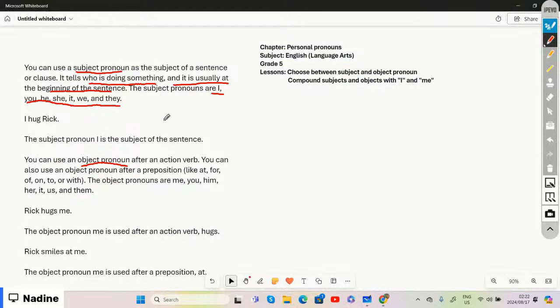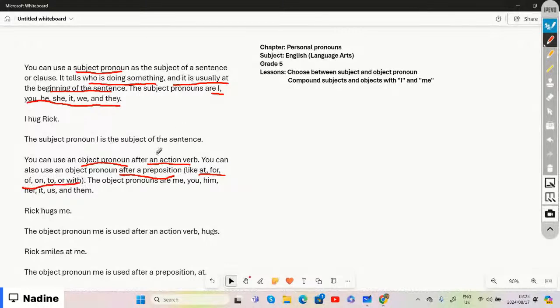Then we also have an object pronoun which is used after an action verb. And you can use object pronouns after a preposition. Prepositions are words like at, for, of, on, to, or with. Those are the prepositions.